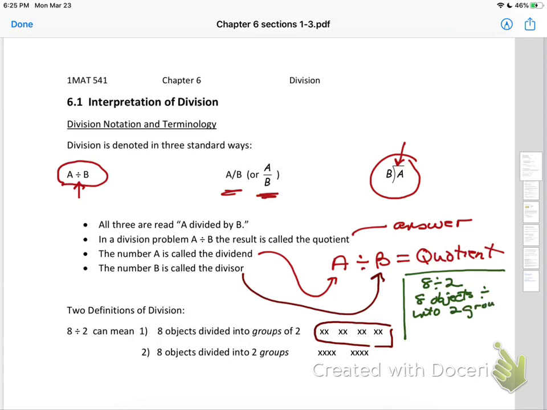In this case, you would have 2 groups that have 4 each. So that's 2 different ways you can view your division problem. They spend a fair amount of time in 6-1 talking just about this. So let's continue on the next page.